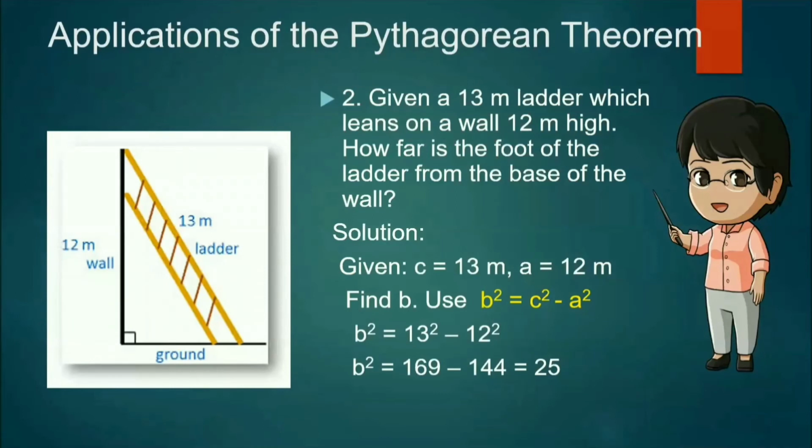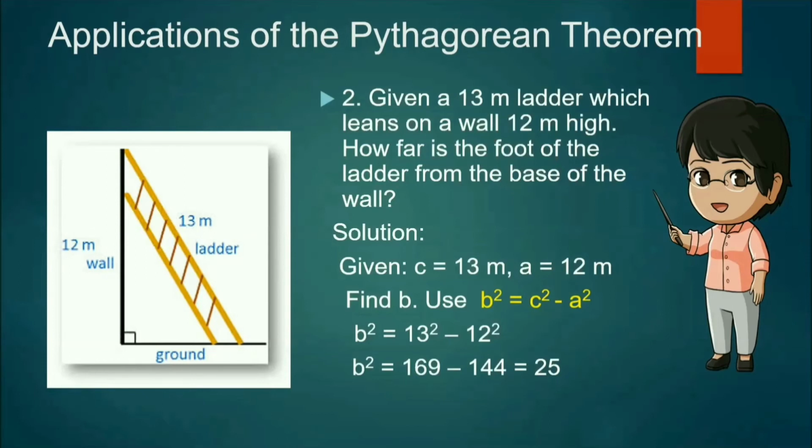Number 2, given another ladder which is 13 meters and it leans on a wall 12 meters high. How far is the foot of the ladder from the base of the wall? So we're going to solve for B, the base, and we use the formula B squared is equal to C squared minus A squared.